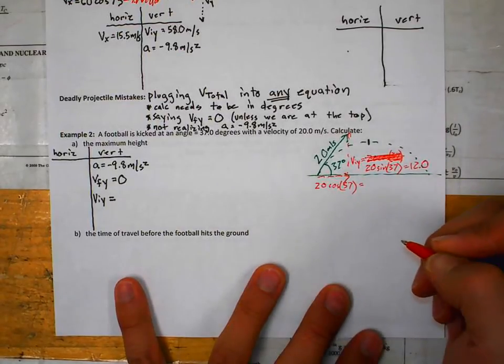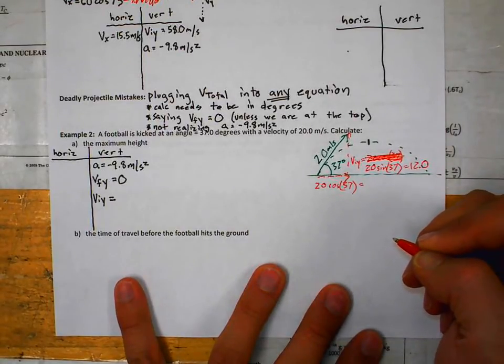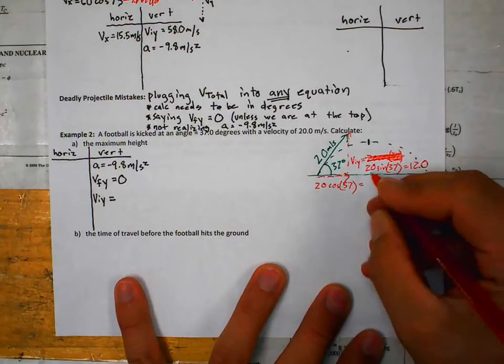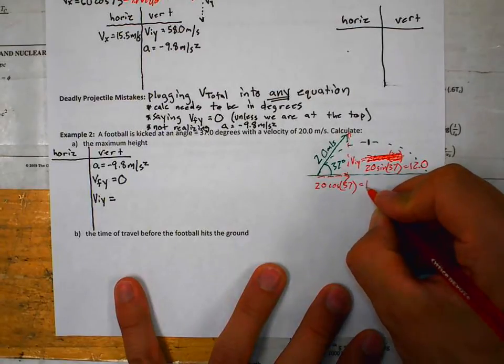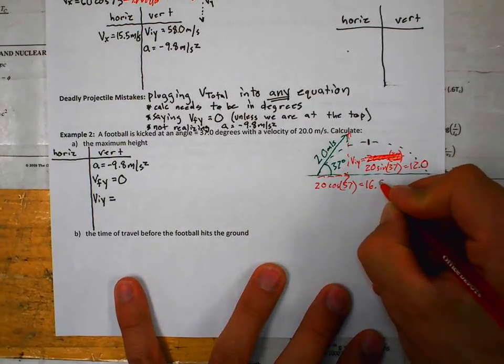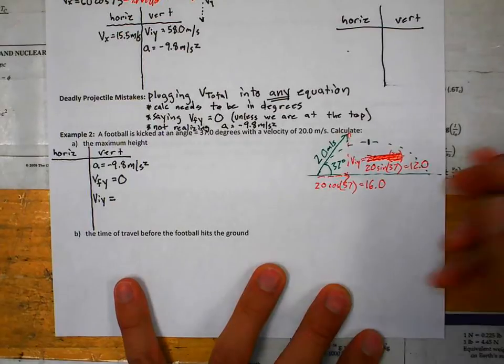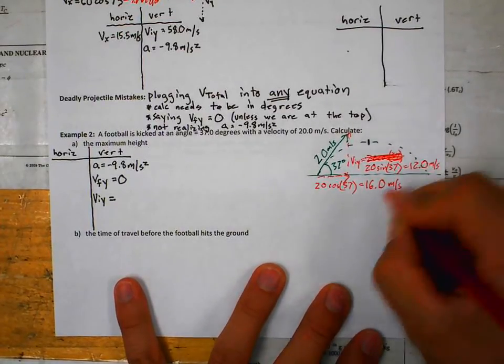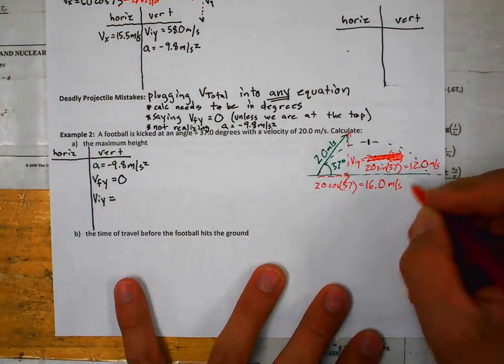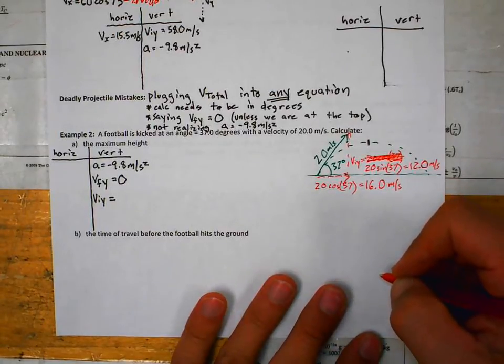What about this one? Callie, what'd you get for this one? 15.9 what? 0.97? Okay, I'm going to make it 16.0. Now on UT homework, you might not want to round quite that much on your intermediate steps because that carries through.